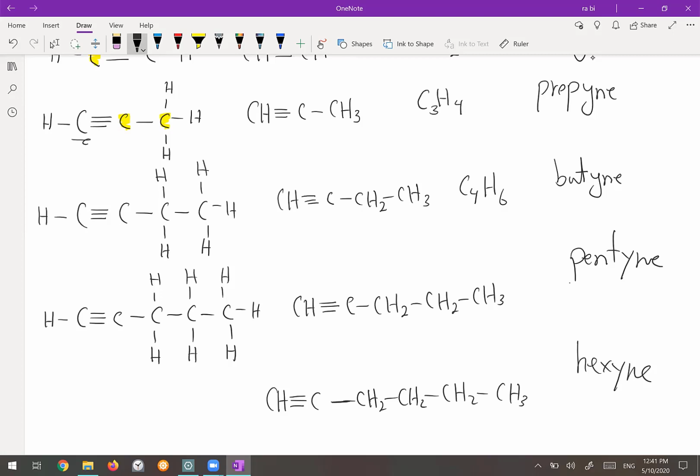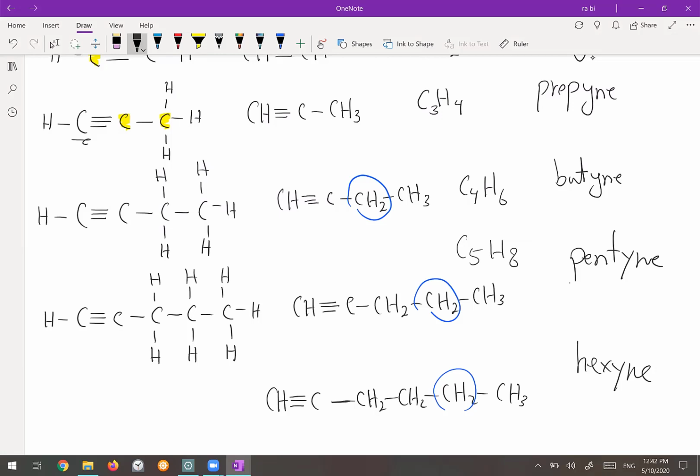So you can see when we are adding 1 carbon, the only difference between them is a CH2. Compare propyne with butyne, it has 1 extra CH2. Then compare pentyne to butyne, it has 1 more CH2. Compare hexyne to pentyne, it has 1 extra CH2. Let's write the molecular formula for pentyne and hexyne. For pentyne, it is C5H8.